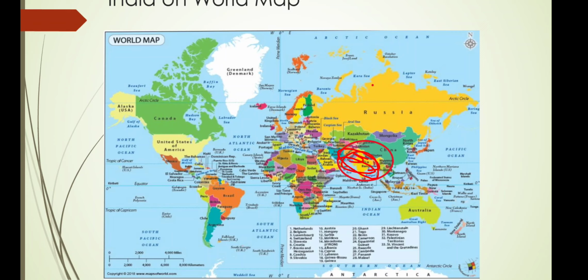The various passes across the mountains in the north have provided passage, means way, to the ancient travelers, while oceans restricted such interaction. From the ocean, because we didn't have the route from the beginning, it was found in 1498. So before that the route was the land route, and these passes helped a lot to send people to India, and from India people went to other parts of the world.